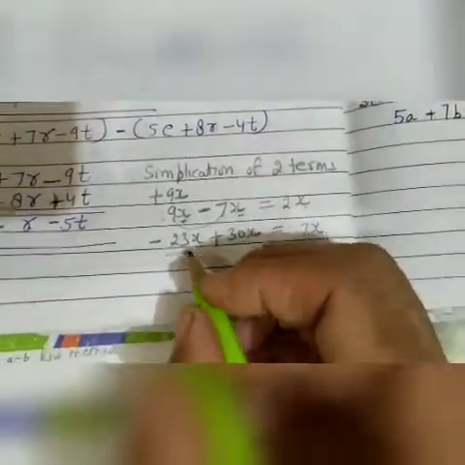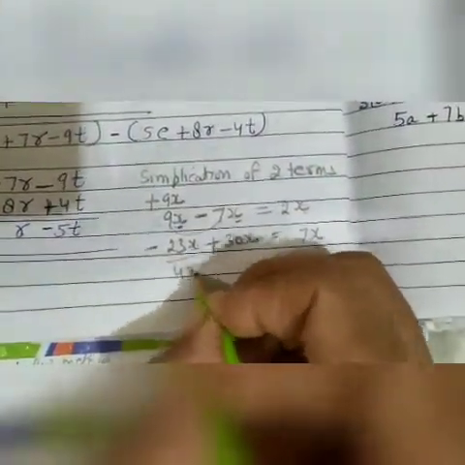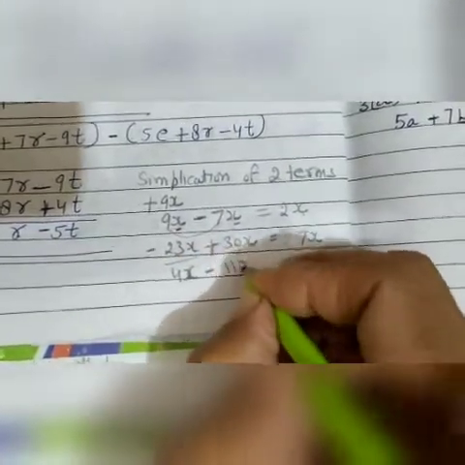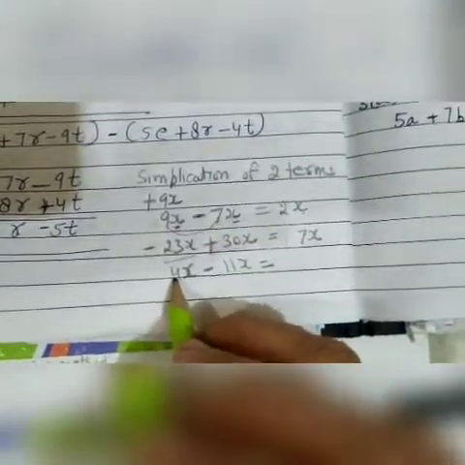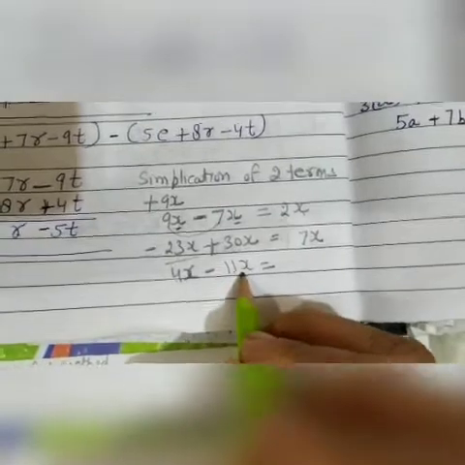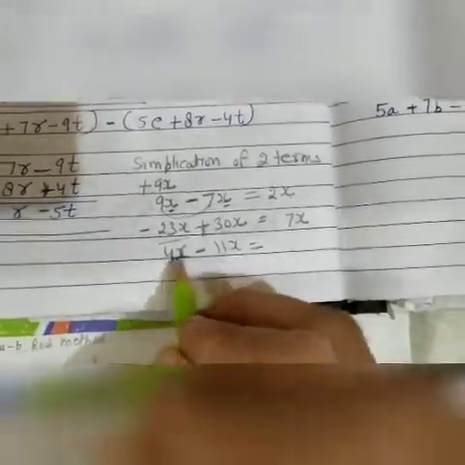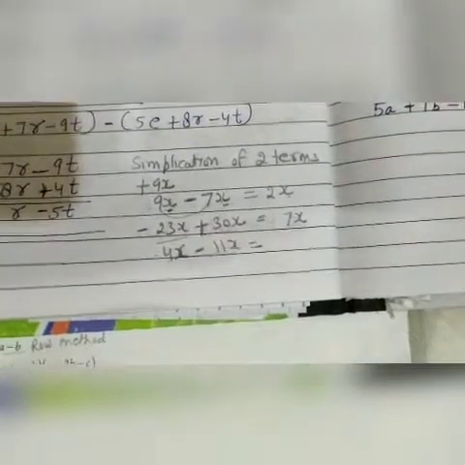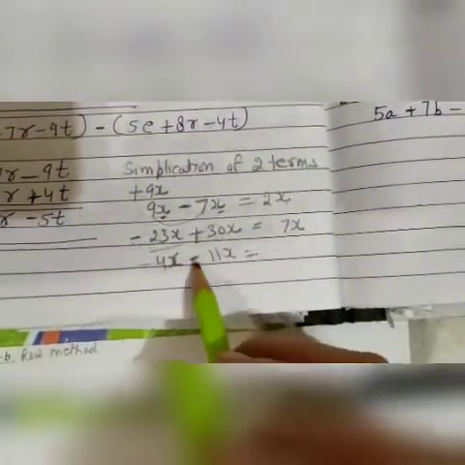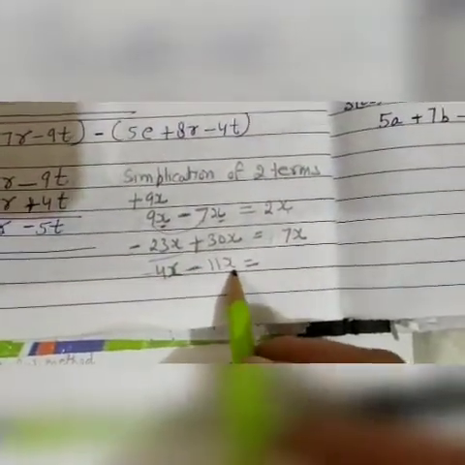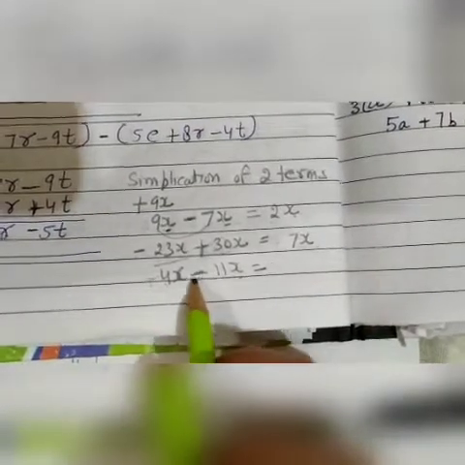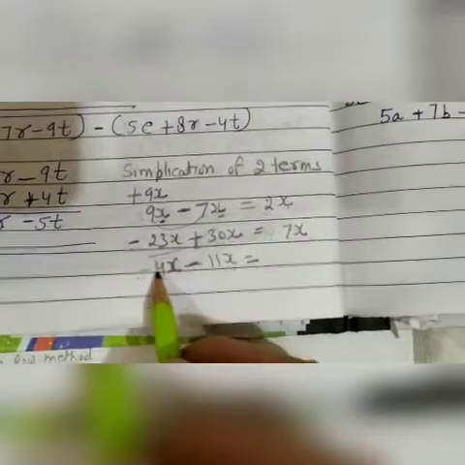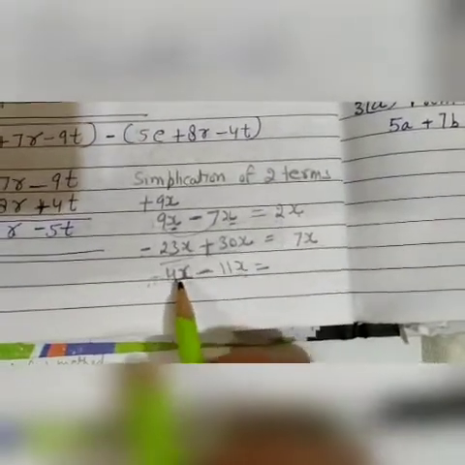Now suppose it is 4x minus 11x. Again there are two terms. 4x will be considered as plus 4x and minus 11x. Both the numbers are with different sign. Again we will subtract the smaller one from the larger one.